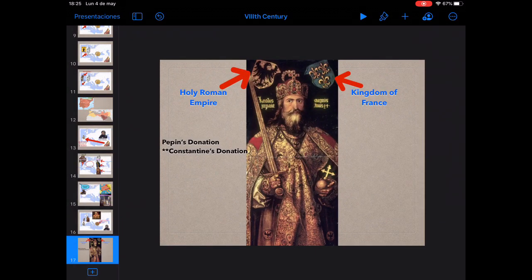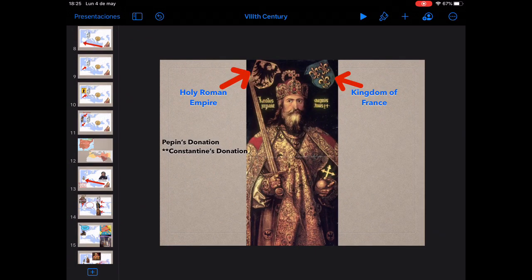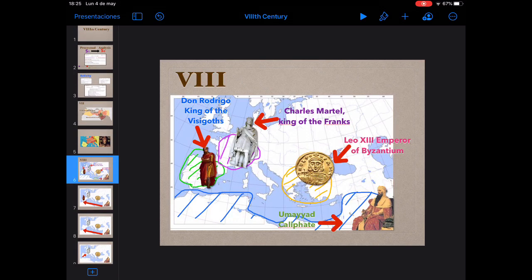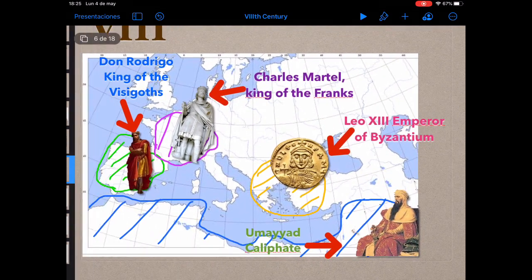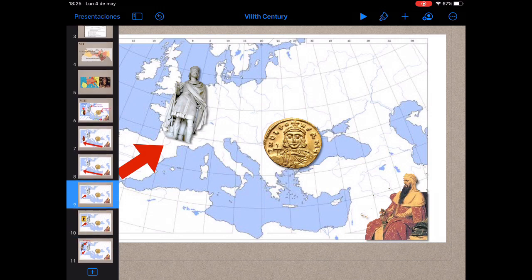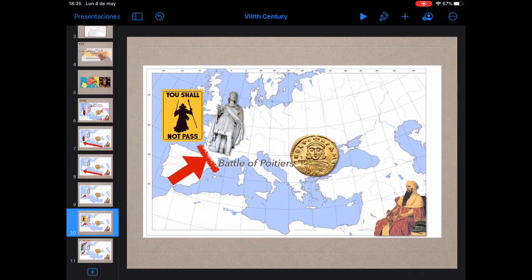So this is the 8th century. And if you remember, and these were the slides that we saw, in here we have the Islamic kingdom in the lower part. Then we have Don Rodrigo in Spain. Then Don Rodrigo is going to be defeated. And in here we have what I was asking.